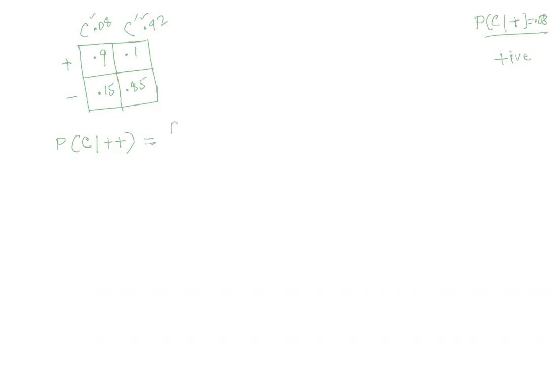There's going to be the probability of cancer times the probability of testing positive twice, given that someone has cancer, all of it divided by the probability of testing positive twice. Keep in mind, this positive means testing positive the second time. So what is the probability of cancer in the new population?